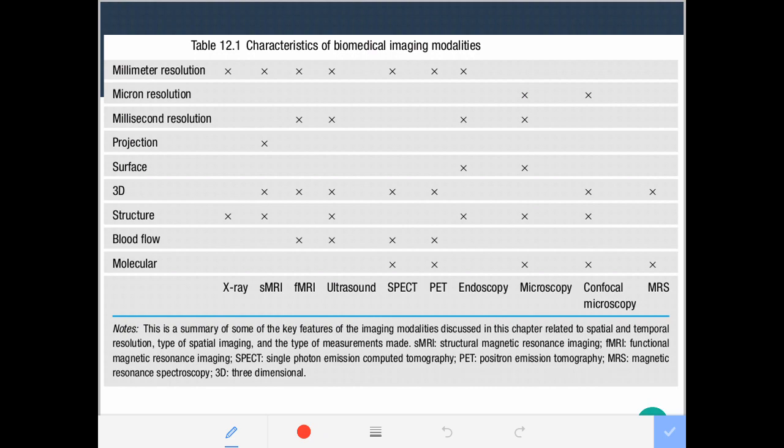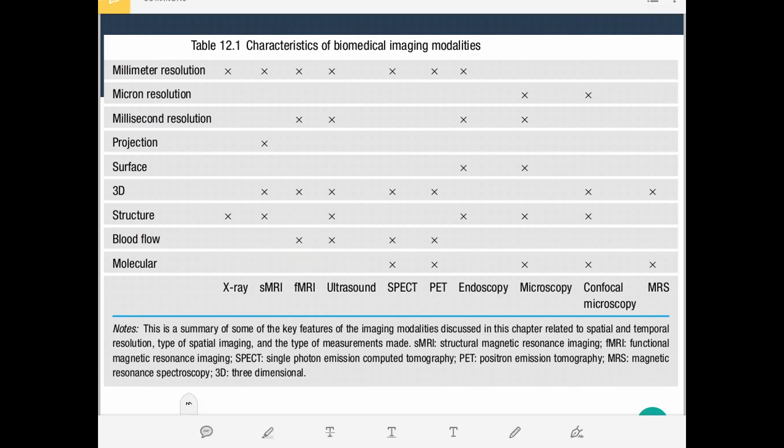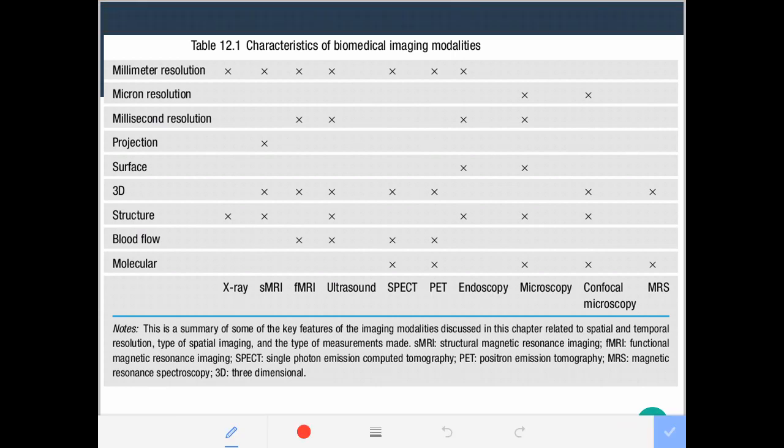And then functional MRI. As you can see, there are differences between the functional MRI and the structural MRI. Functional MRI cannot tell us exactly the whole structure, but it gives us blood flow. That means we can see the function, because the organs that are functioning well will experience normal blood flow.